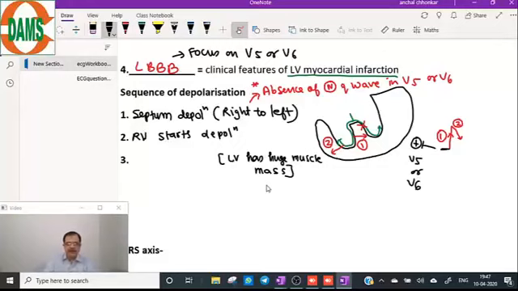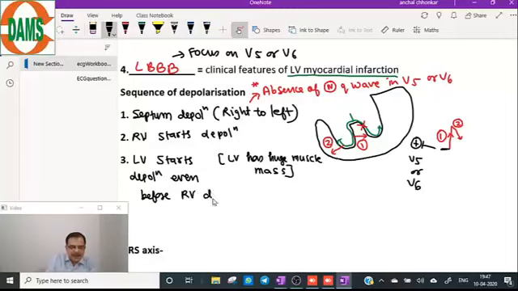So what will happen? The left ventricle starts depolarization even before right ventricle depolarization is complete, because the left ventricle has a huge muscle mass.